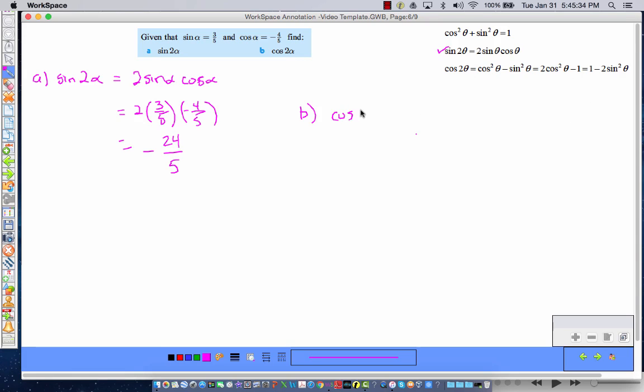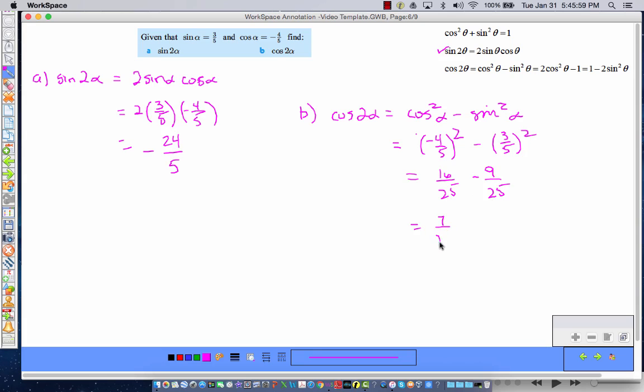Cosine of 2 alpha is equal to cosine squared alpha minus sine squared alpha. So in this case, that would be -4/5 squared minus 3/5 squared. So that would be 16/25 minus 9/25, which is equal to 7/25. All right.